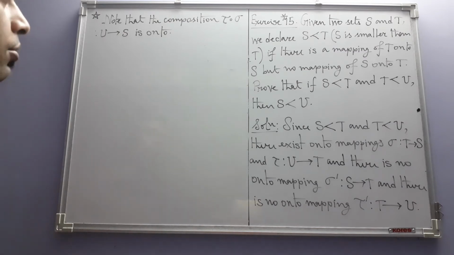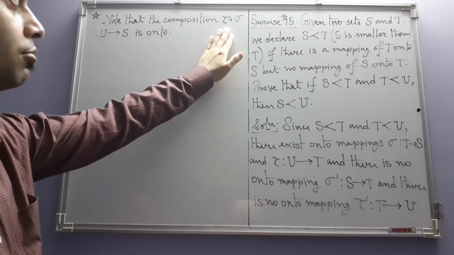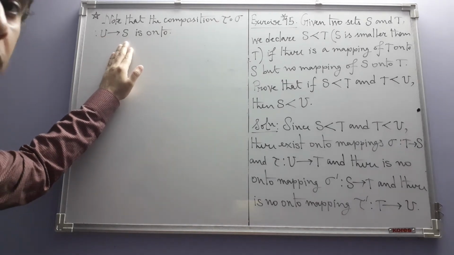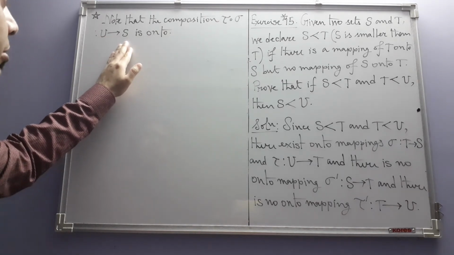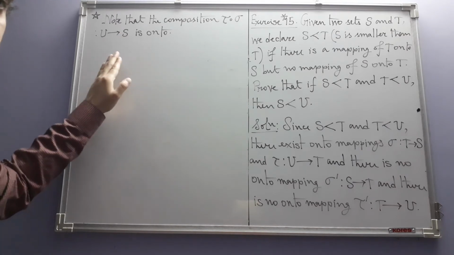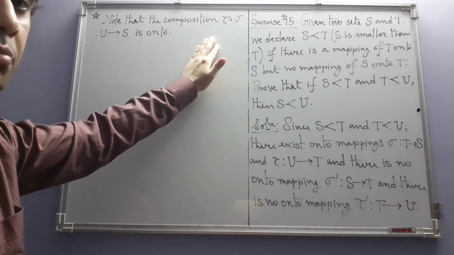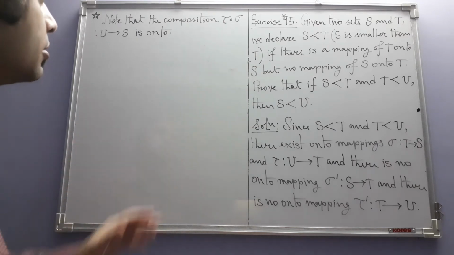Now we have to show, okay, so one part is over. We have produced an onto mapping from U to S, but now we have to prove that there is no onto mapping from S to U. This we will prove by contradiction. So we are going to suppose that there is one such mapping and then try to arrive at a contradiction.